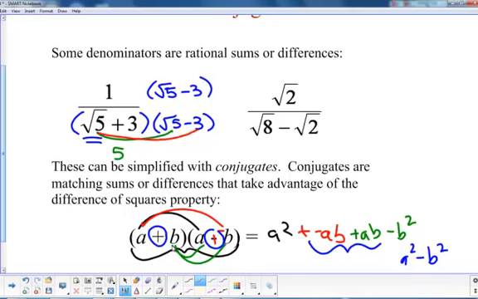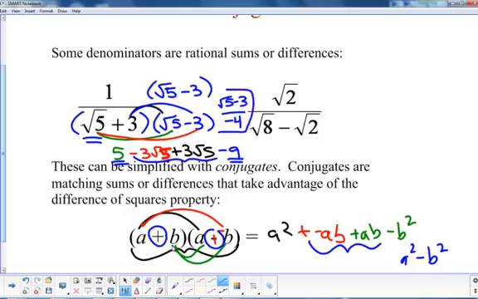Square root of 5 times minus 3 is minus 3 root 5. And then we have our positive 3 root 5. Looks better. And then we have our 3 times our negative 3, which is our minus 9. So the entire denominator, this cancels. 5 minus 9 is negative 4. And the numerator, we would just have root 5 minus 3. That would be our answer.